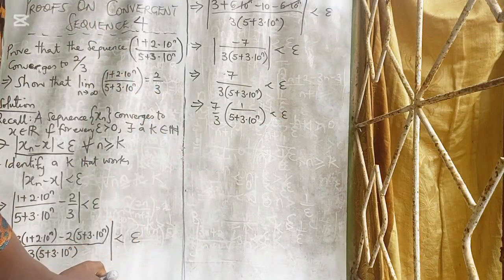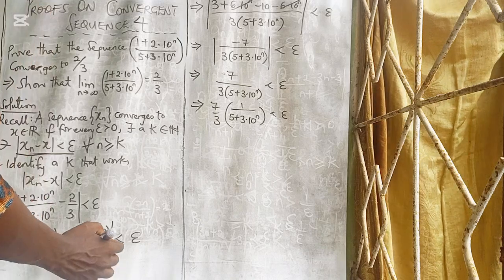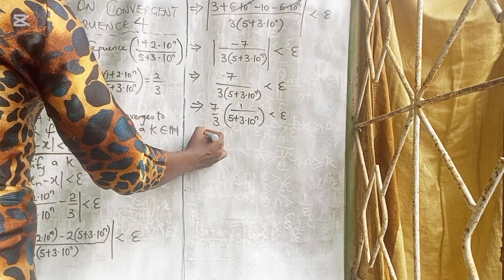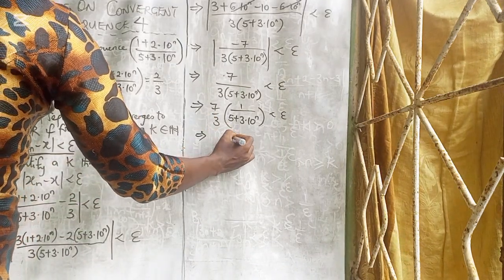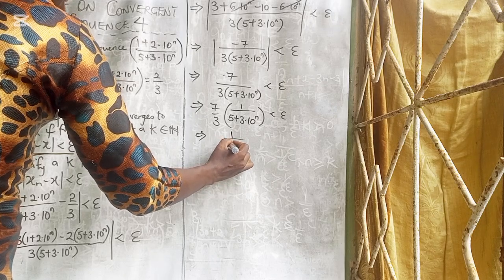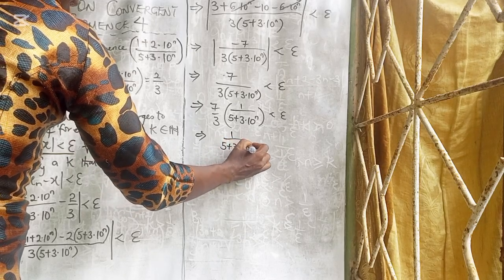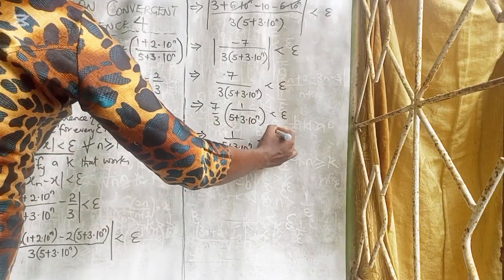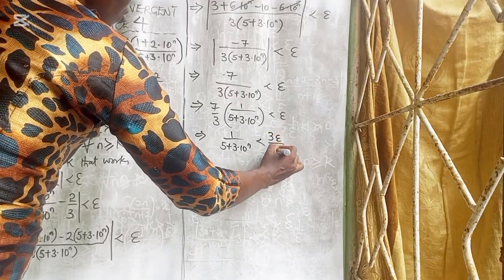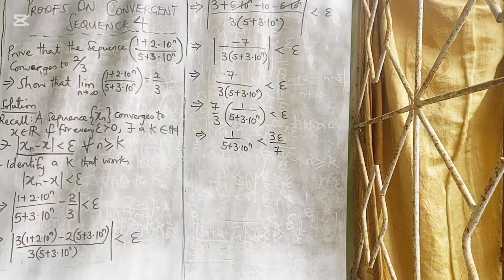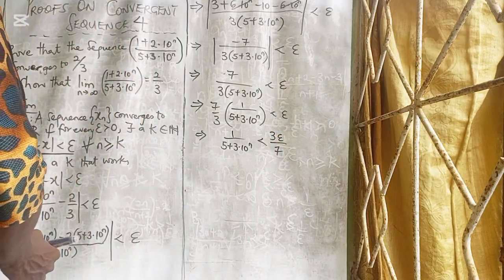By the time I do some cross multiplication there, my 1 over (5 + 3 × 10^n) will be less than 3 epsilon over 7.